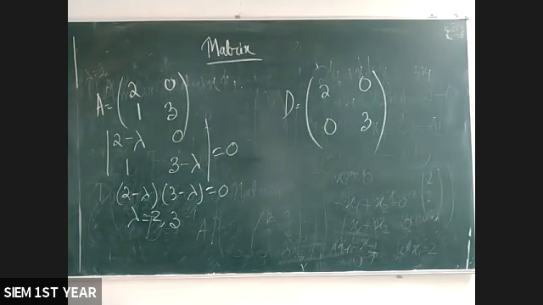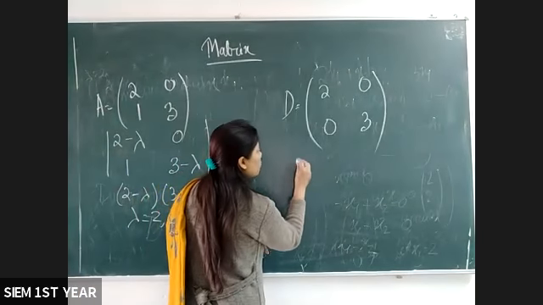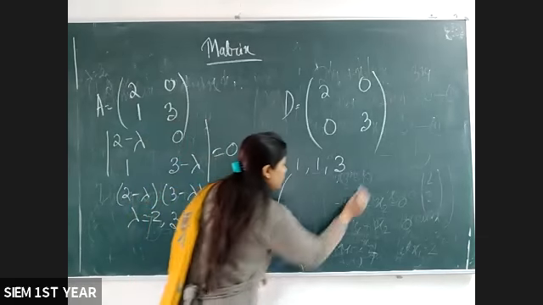To diagonalize any matrix, if only the first portion is asked, just find the eigenvalues and put them in the diagonal. Suppose in the last problem we got 1, 1, 3.